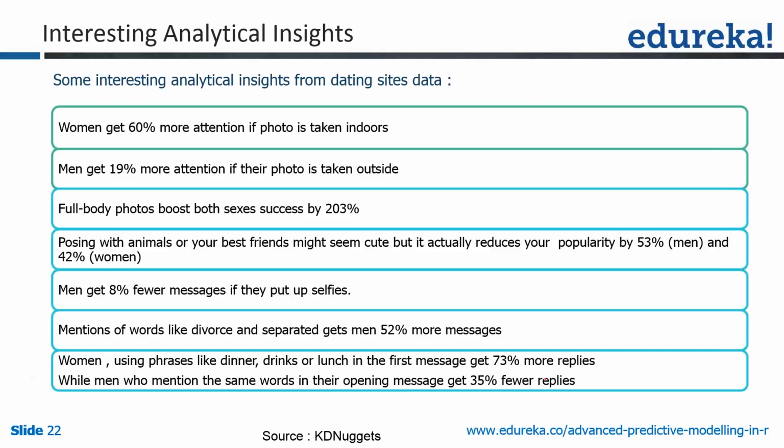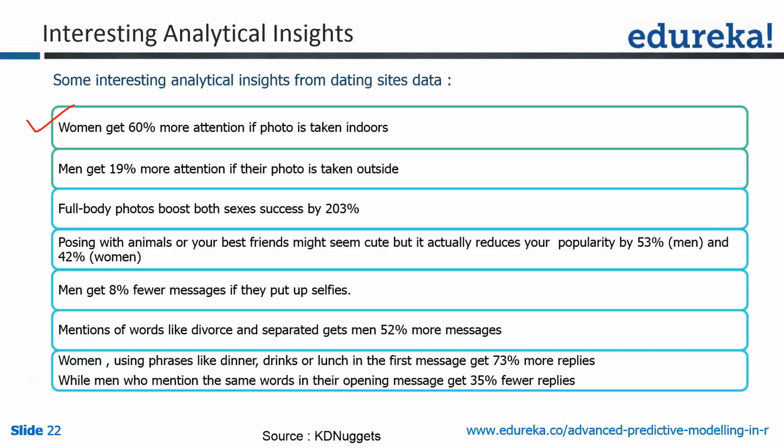There are a few more interesting analytical insights which are coming your way. Now, you can draw all these kinds of interesting insights from the data which we have generated, data which we have collected, right? Women get 60% more attention if the photo is taken indoors. So probably this is an interesting quote which you can mention on your websites or on your applications, right?